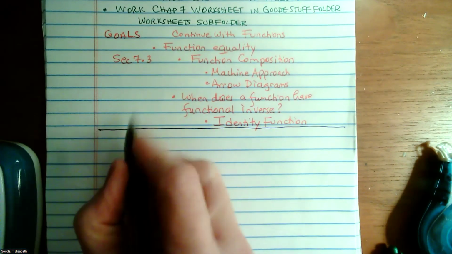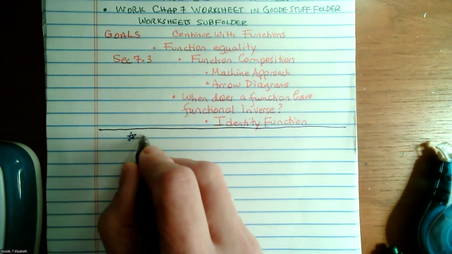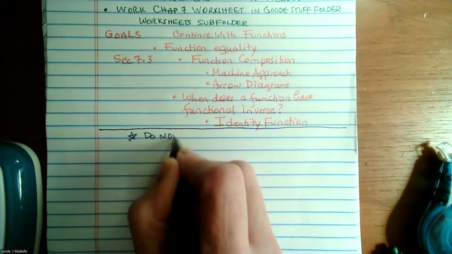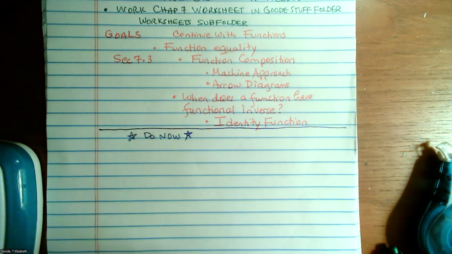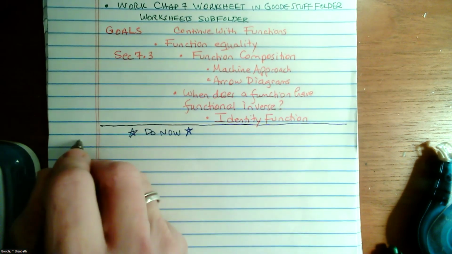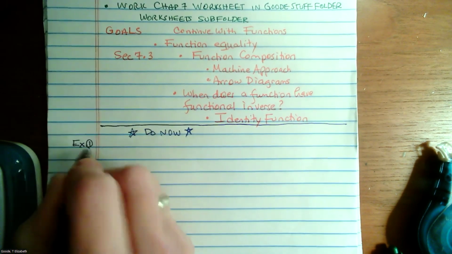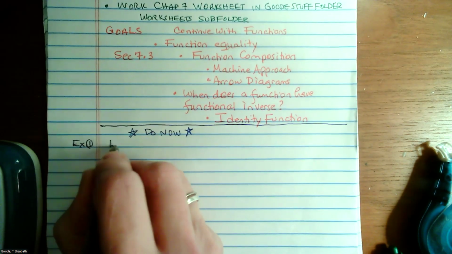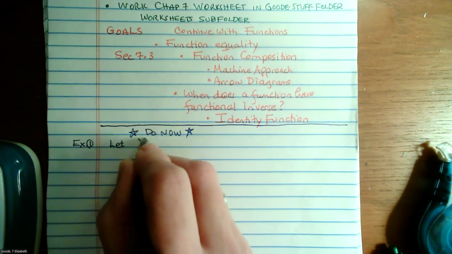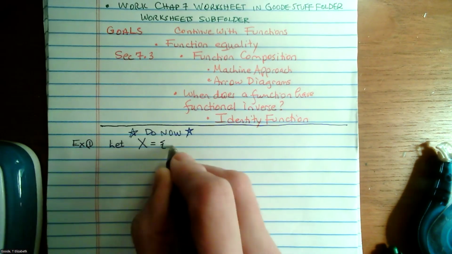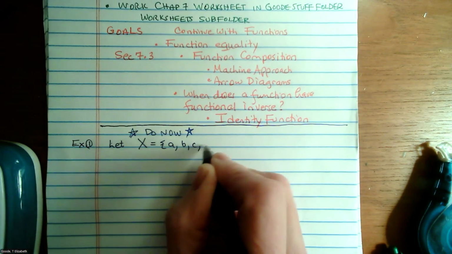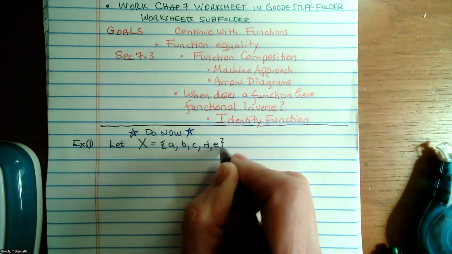All right. So let's do a do now together, just to warm up and think about functions. So here are two sets. We're going to let X be the set containing little a, little b, little c, little d, and little e.